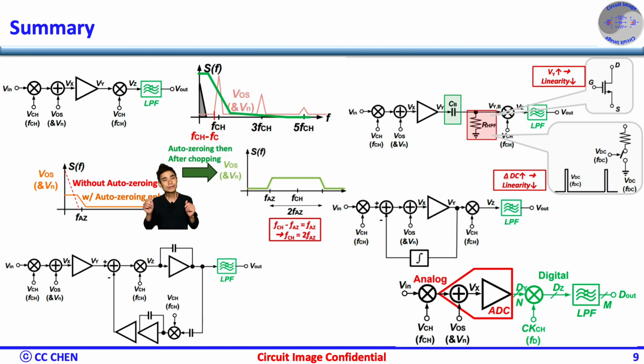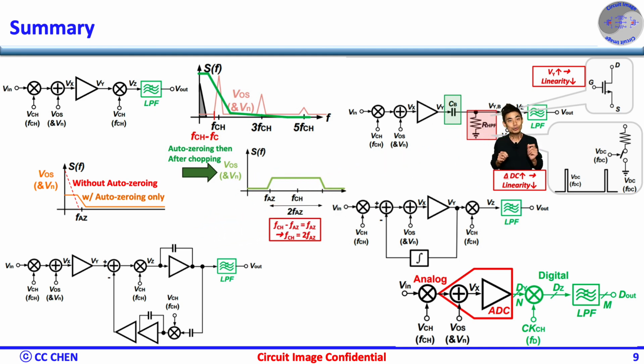So the first idea is that we can apply the auto zeroing we learned first to make the initial offset before chopping small enough. Then the residual noise would be low enough.